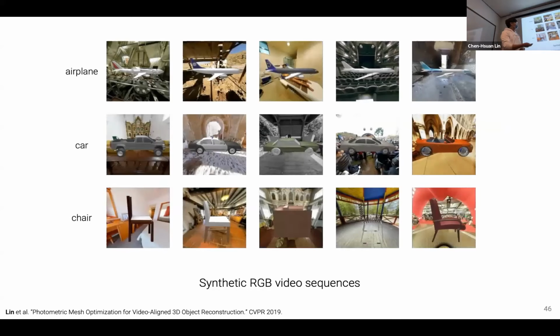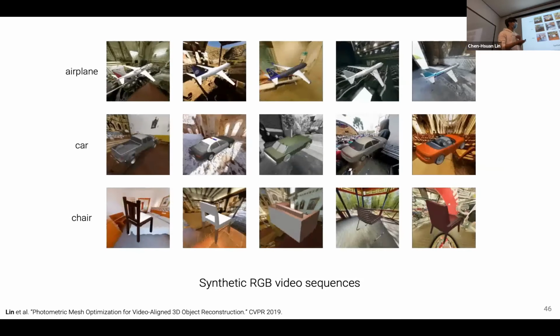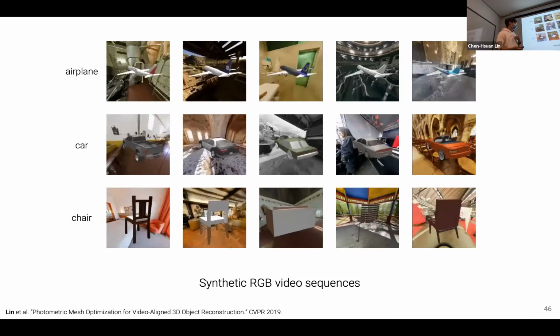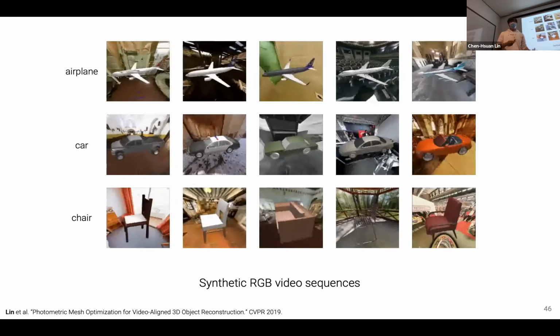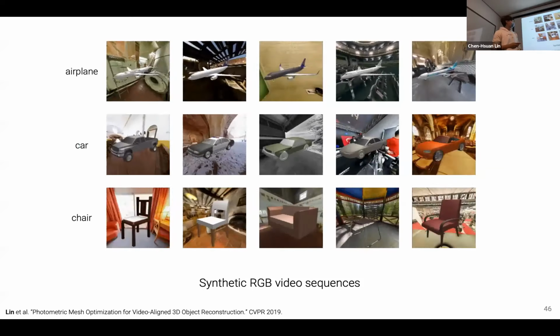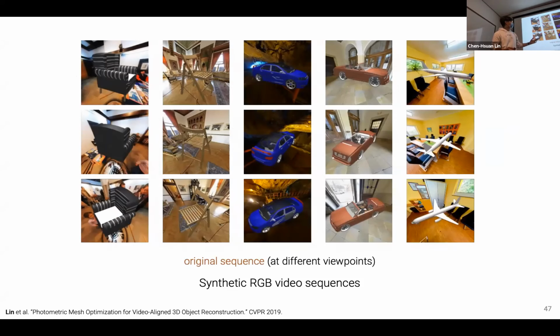So let's take a look at some simple examples where we have some synthetic sequences that are rendered without any silhouette or annotation or anything like that. We only have these video sequences. These are different viewpoints seen at the different sequences.